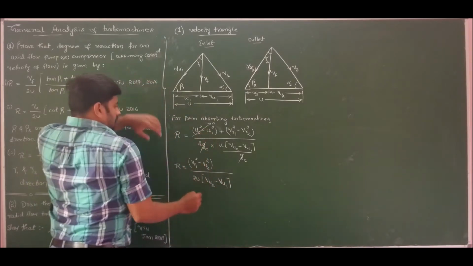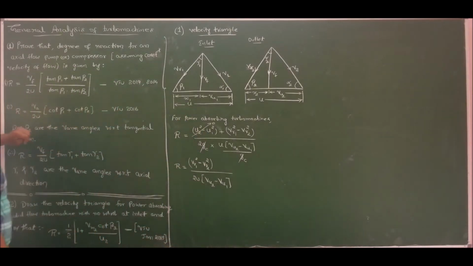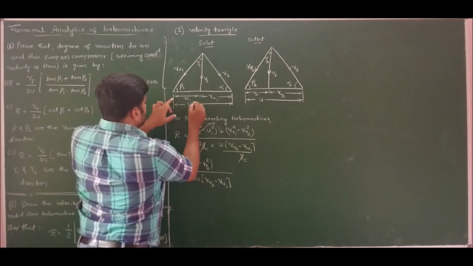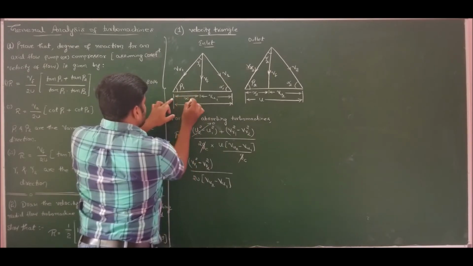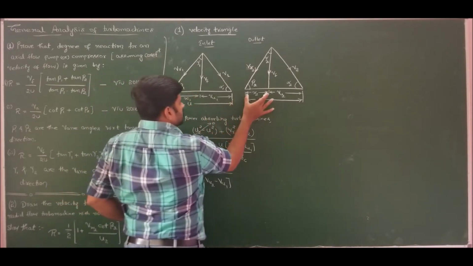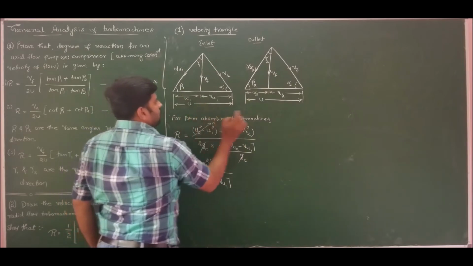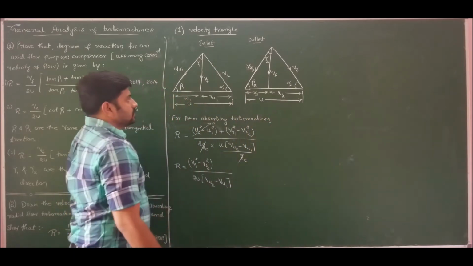Now I should express everything in terms of Vf and U and introduce the blade angle. To do so, I have written this portion as x1 for inlet and this portion as x2 for outlet, that is u minus Vu1 and u minus Vu2.